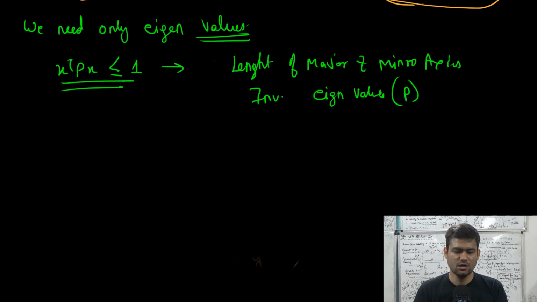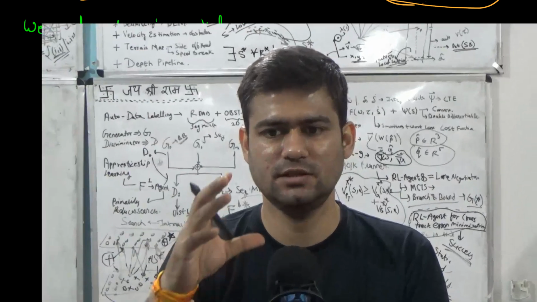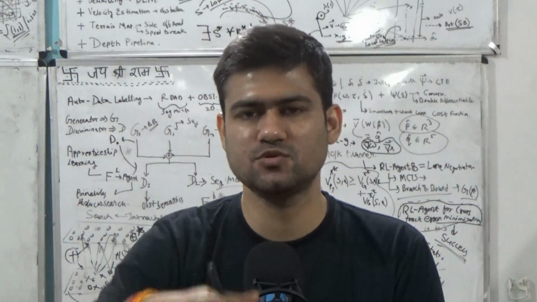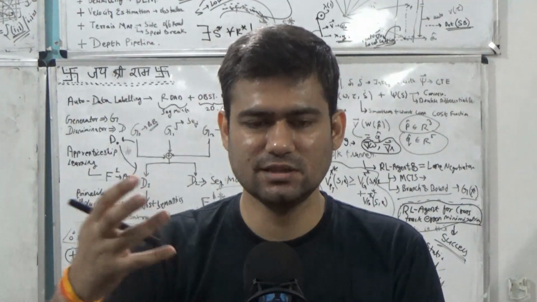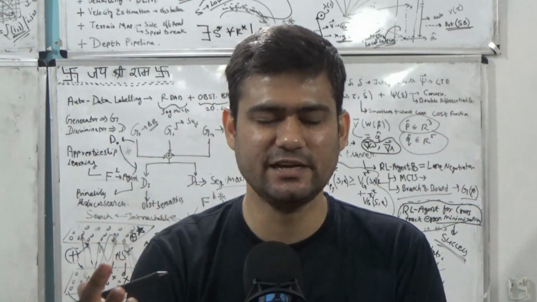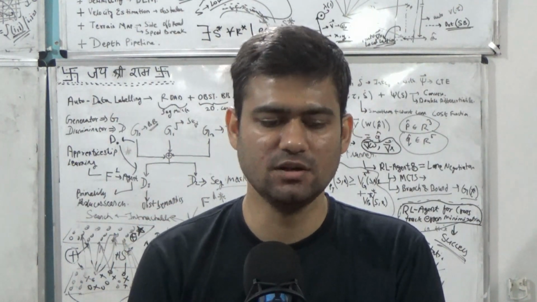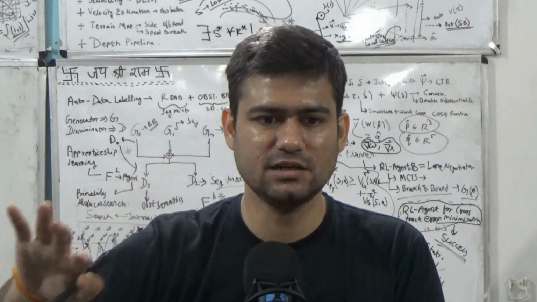If the eigenvalues of this matrix are very large, then the ellipse would be very small, and if the eigenvalues are very small, then the ellipse would be very large. So basically the eigenvalues determine the spread of the ellipsoid. If the eigenvalues are large, there is very small uncertainty around a point, and if they are small, the ellipse would be large, meaning that the particular pixel denotes a flat region.